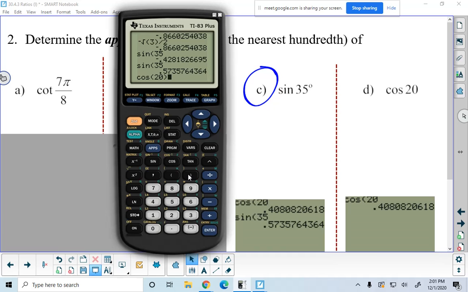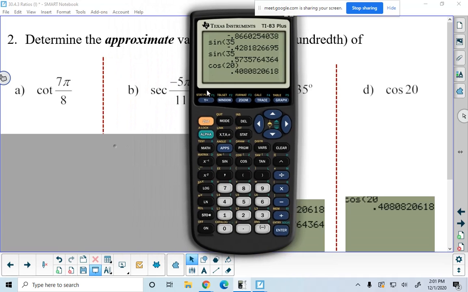So I'm in radian mode now, and you get 0.408. Now, how do I determine cotangent? I don't have a cotangent button, but I know that cotangent is the reciprocal of tangent. So there's two things I can do here. I can find the tangent of 7 pi divided by 8, and then take the reciprocal of it.